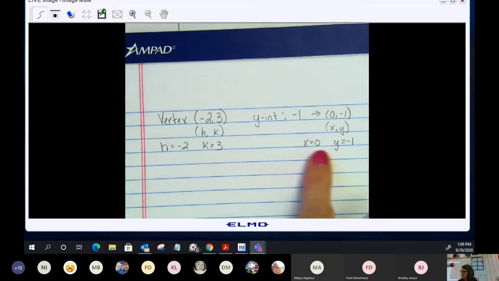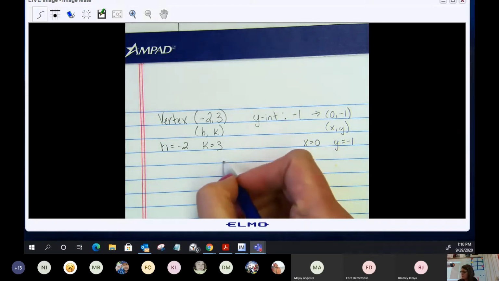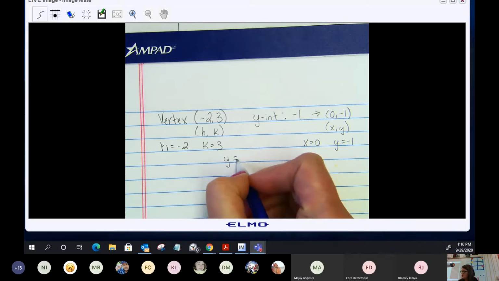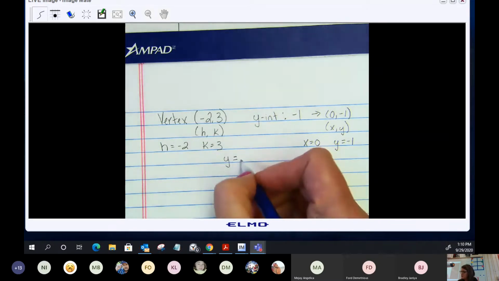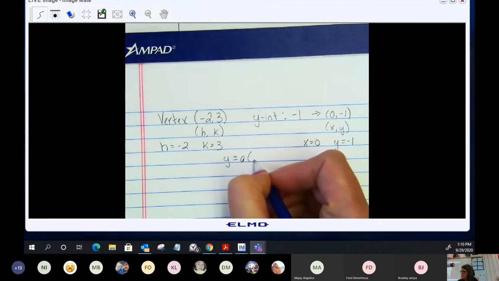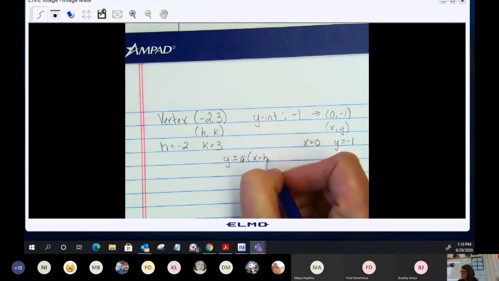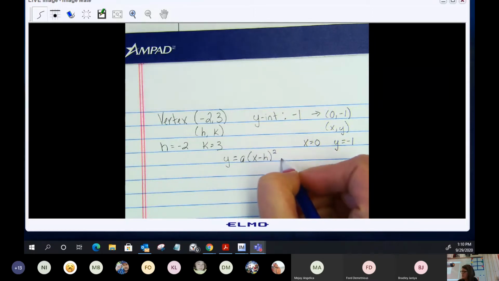Now that I have these given values, I'm going to substitute them into our vertex form. In vertex form, I'm substituting that f of x for y. Remember, they are interchangeable. y equals a times the quantity x minus h squared plus k.